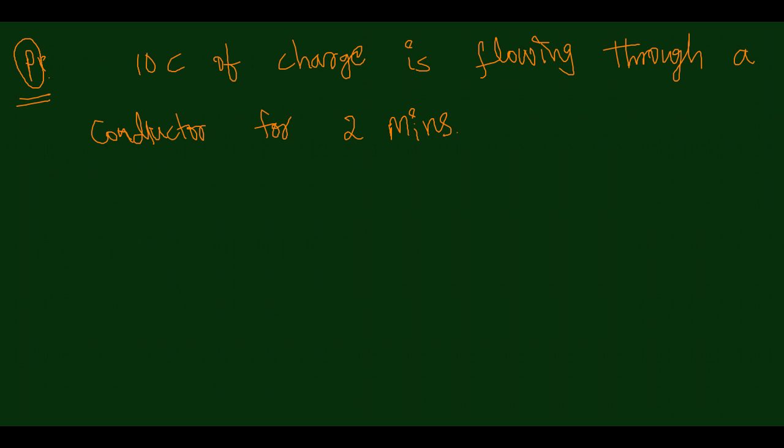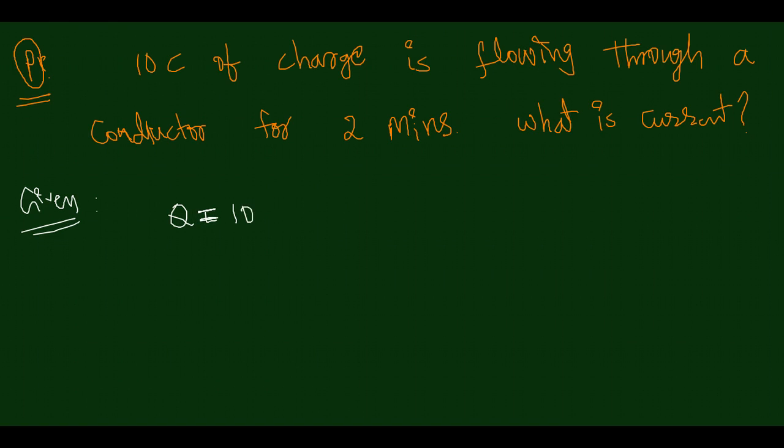Then what is the current? This is the question. If you observe clearly, what are the things given here? Q is 10 coulombs and T is 2 minutes.